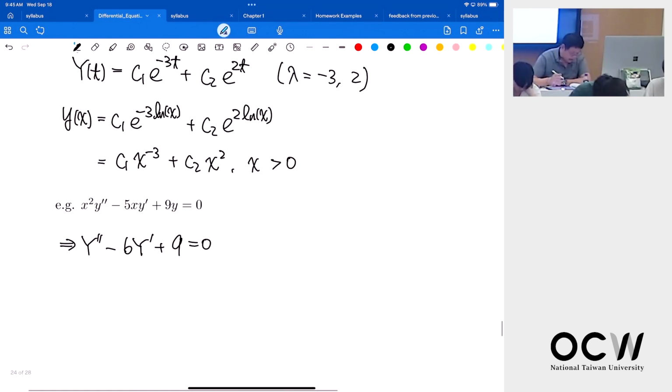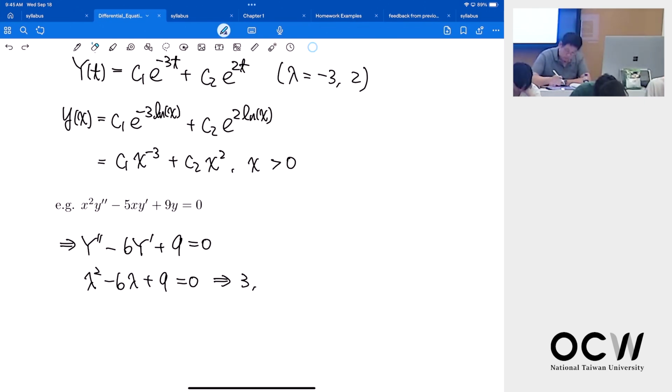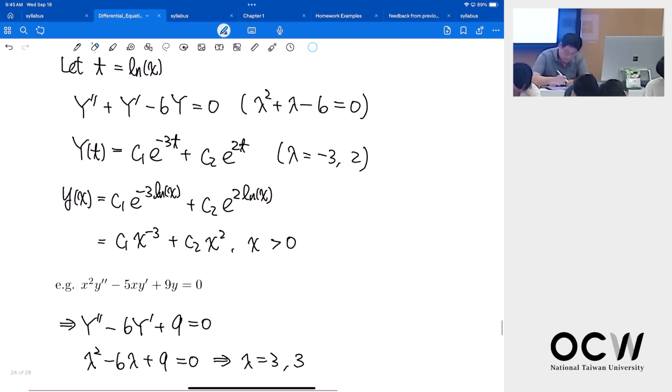And you have lambda squared minus 6 lambda plus 9 equals 0. Your lambda is 3, repeated.